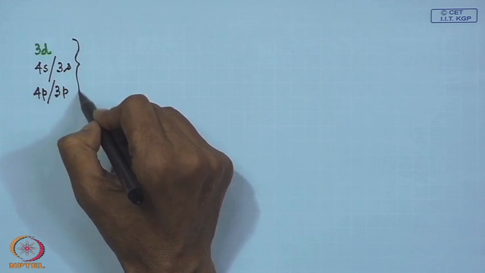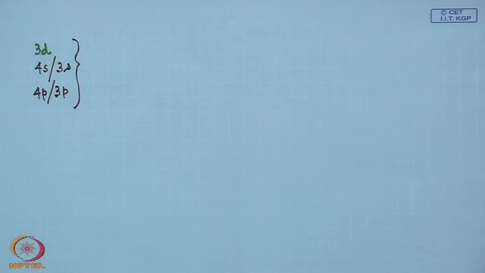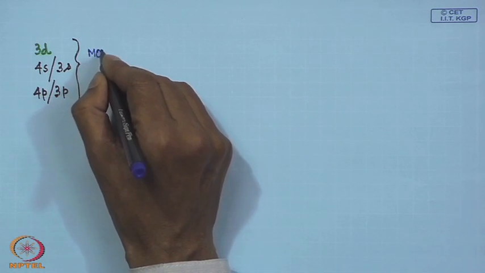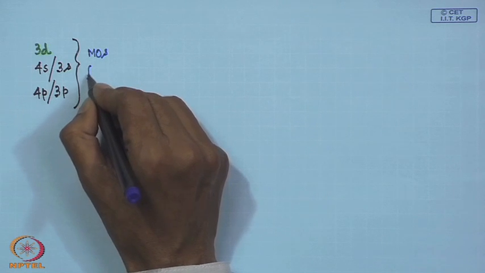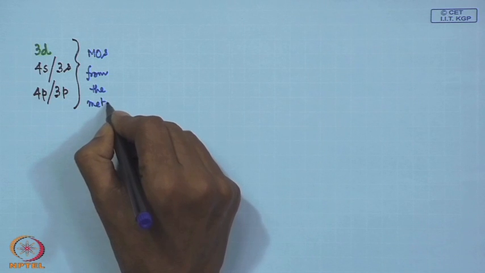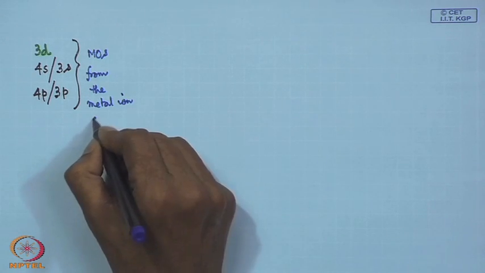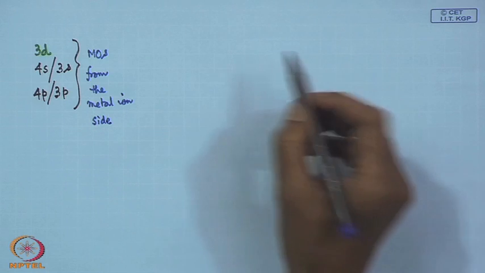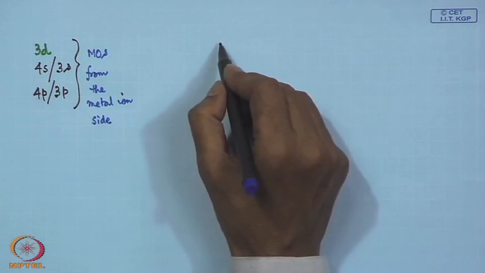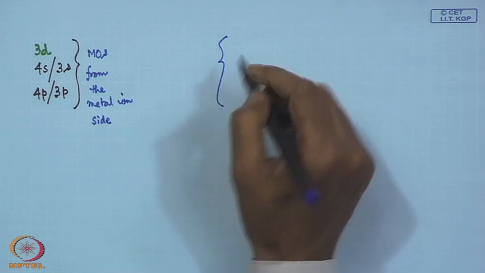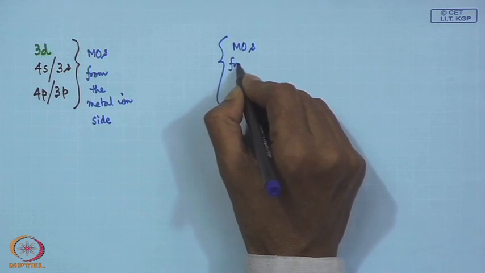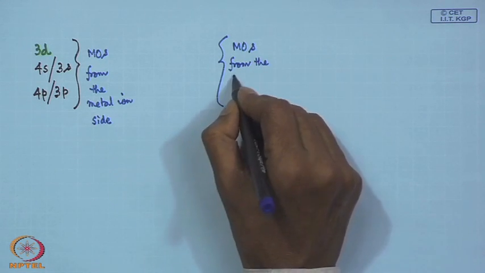So these orbitals can give us the corresponding molecular orbitals from the metal ion side. At the same time, we should have the corresponding molecular orbitals from the ligand side.